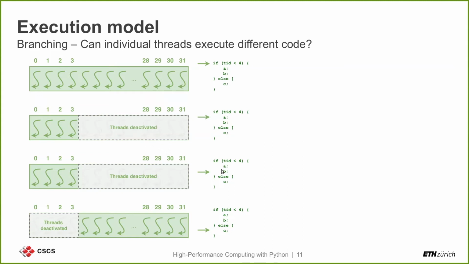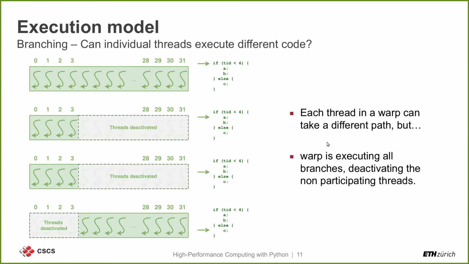You see here that A and B are going to be executed by threads 0 to 3, while the others are deactivated. In the next step, all the other threads are activated, and the first ones are deactivated, and we execute the C command here.